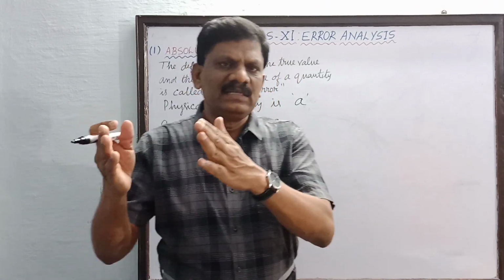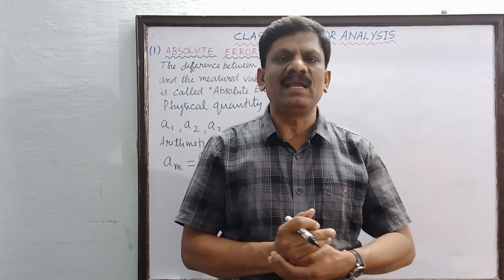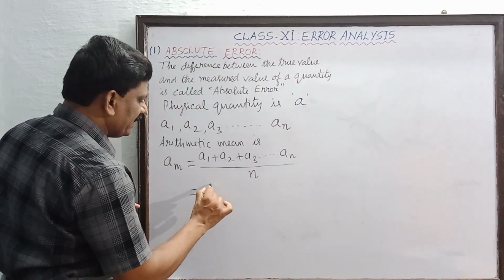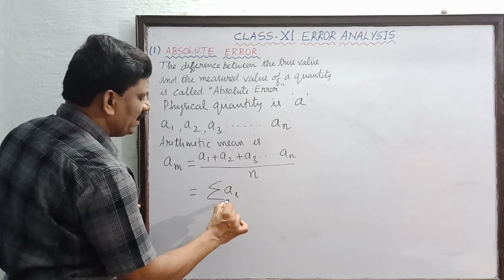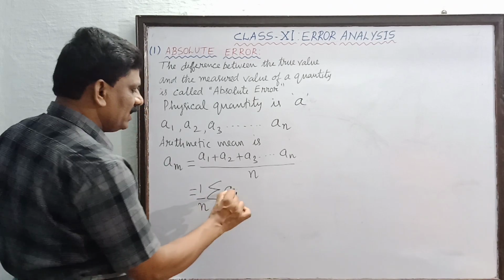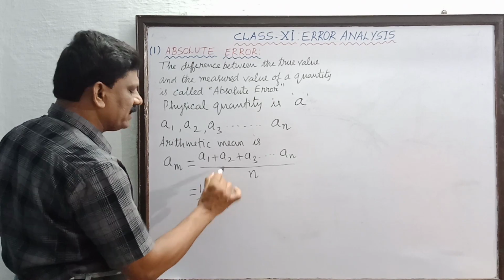When you add n number of terms as a sum, in mathematics we use the symbol sigma. So this is equal to sigma Ai divided by n. That n can be taken as 1 by n in front. So this is Ai, where i is equal to first term to the nth term.